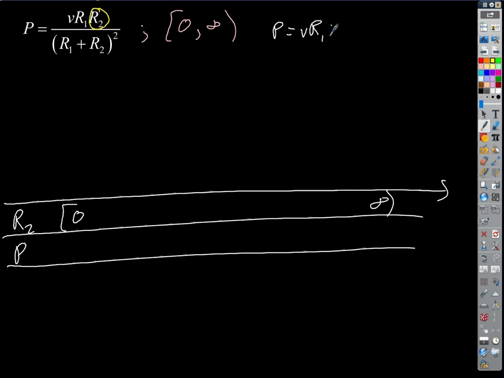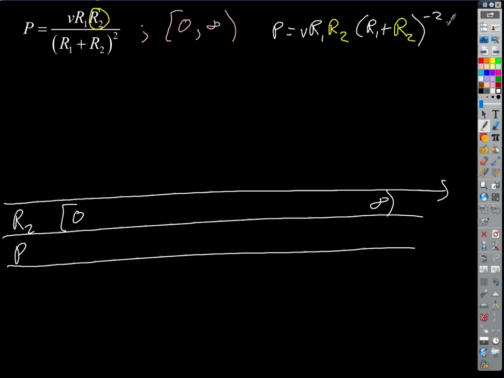I'm going to make the R2s yellow so we can see. What is this? Times R1 plus R2 to the negative 2, right?